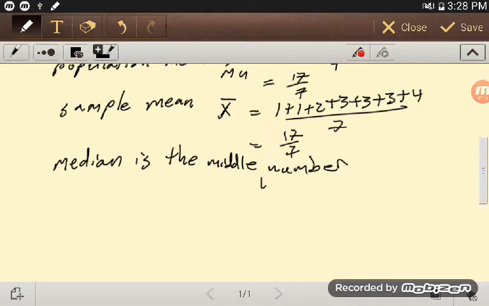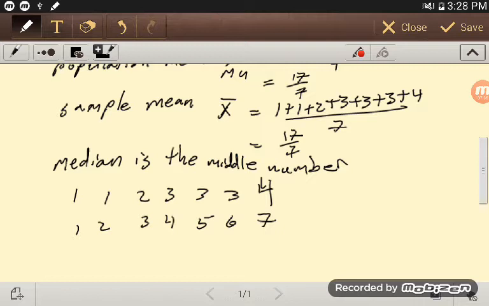pretty straightforward. I had 7 numbers here, right? I had 1, 1, 2, 3, 3, 3, and 4. Now, if I just go through, I have to put them in order like this, smallest to largest. And then if I just number underneath them, 1, 2, 3, 4, 5, 6, 7.